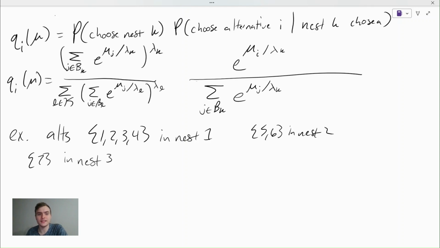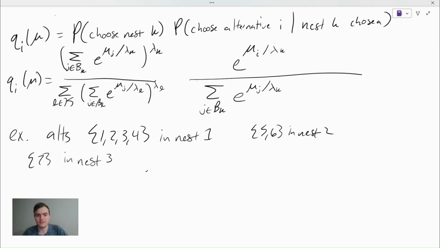And let's say that the utility of each choice is the same, which makes it simpler. I mean, all the products could be uniform, but because the nests are not uniform, they're not all going to have the same probability. The probability depends on which nest, right?